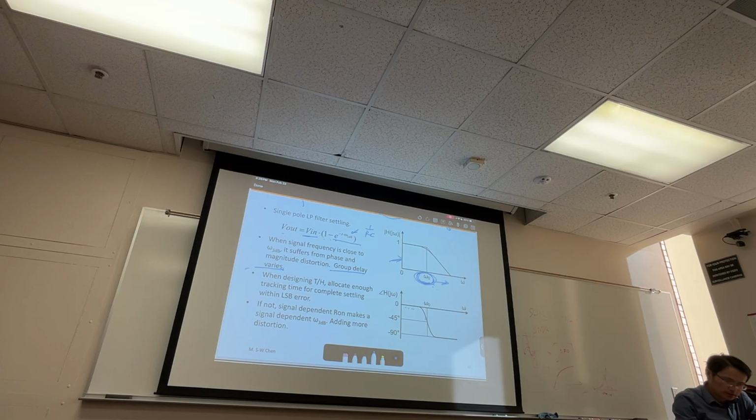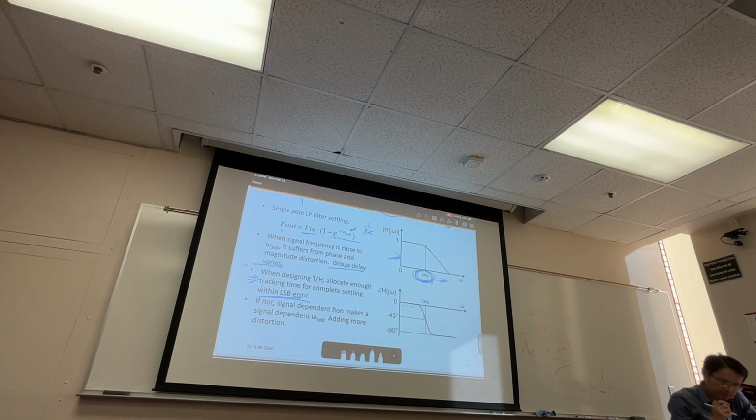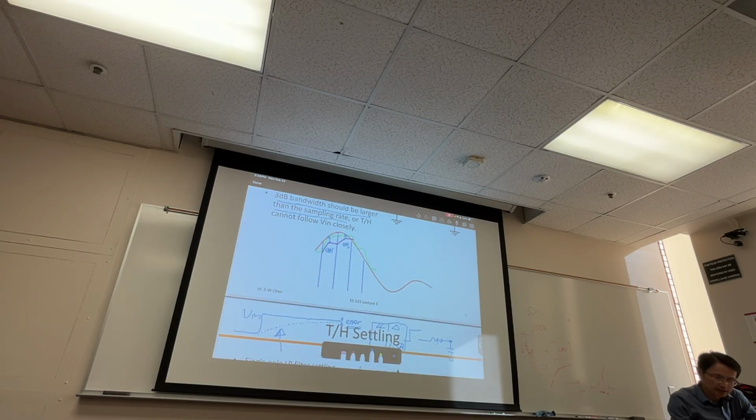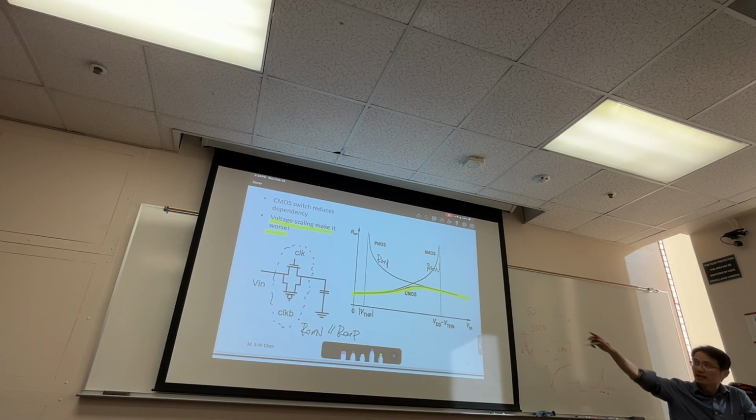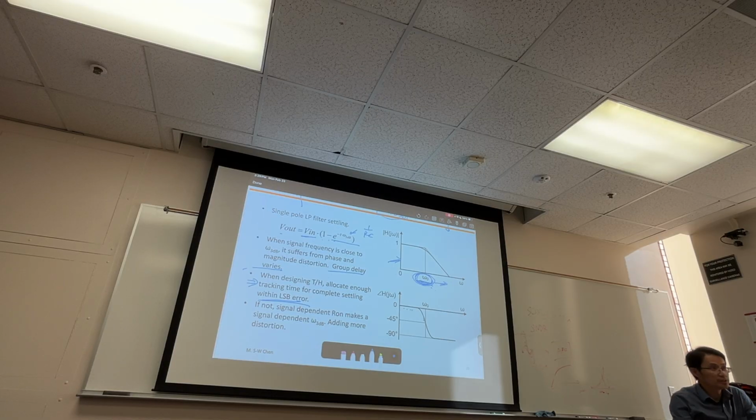All right, and then this one we just talked about, right? So you want that error to be within 1 LSB. And then remember earlier we talked about this R-on can be like this, right? So it's not flat. It depends on what the V in value is. Sometimes the R-on can be higher. That means this corner frequency will go up or go down? If R-on fluctuates higher, this will go down.